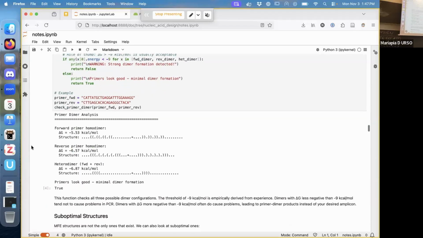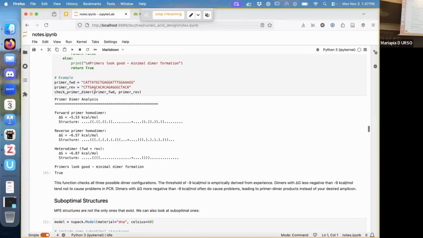And here, for example, we get three outputs. These are two real forward and reverse primers, and we're checking here. The first, forward primer homodimer, so forward primer with another forward primer, has some minimum free energy structure, as is here. The plus separates the two copies of our primer.